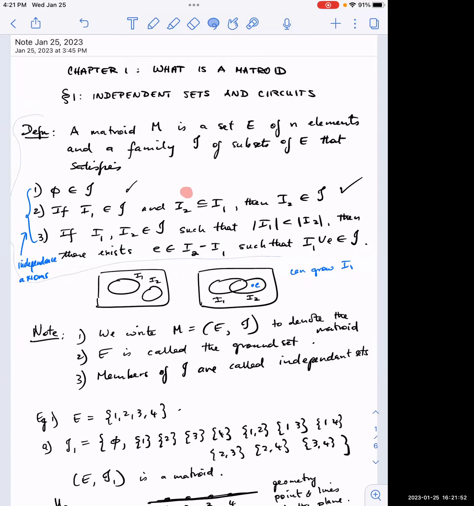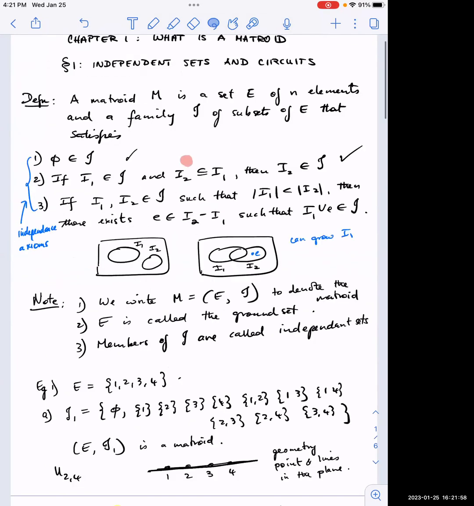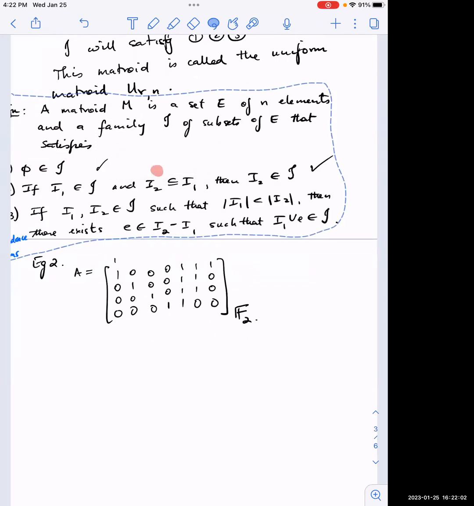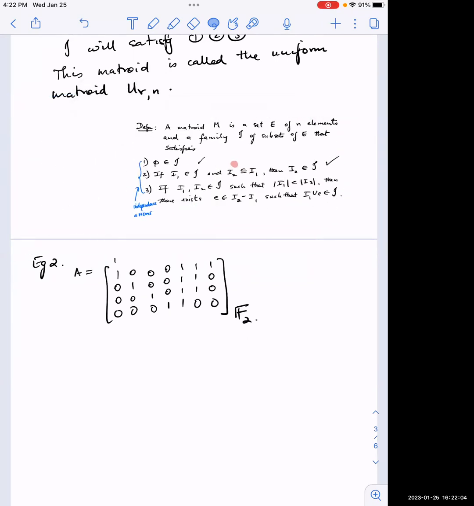So a matroid is a set and a collection of subsets of the set that satisfy these three axioms. And as we go through the second example, these axioms will become clearer. In fact, the second example is the embodiment of the independence axioms.